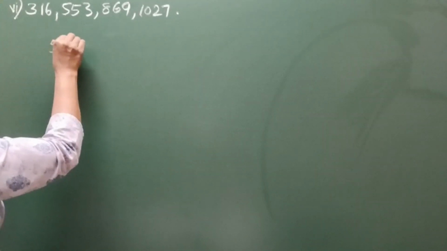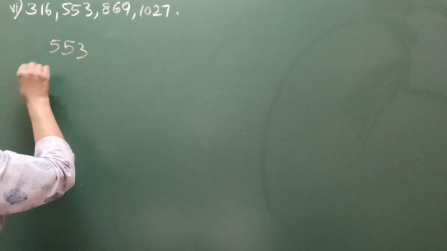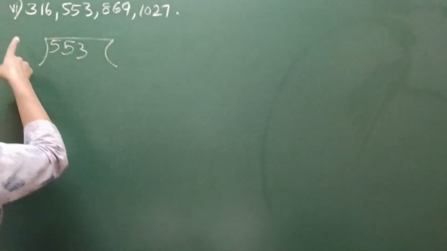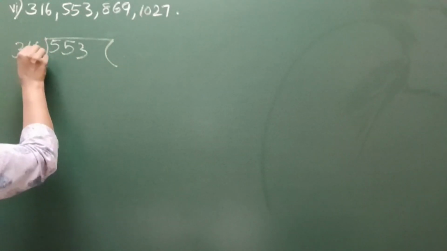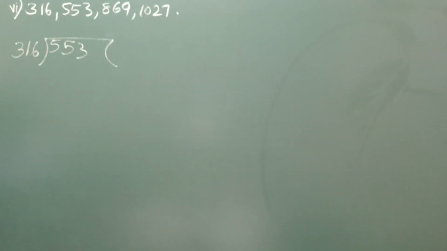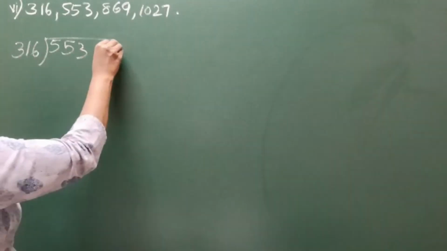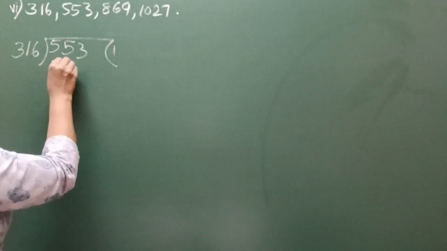In this, 553 is the greater number. So let's take 553 as dividend and 316 as divisor. It's only one time. 316.